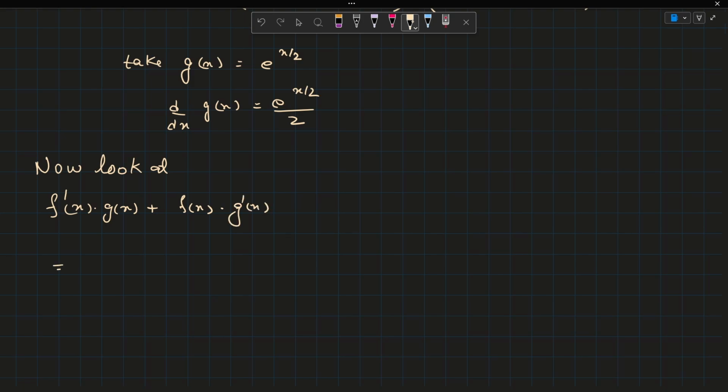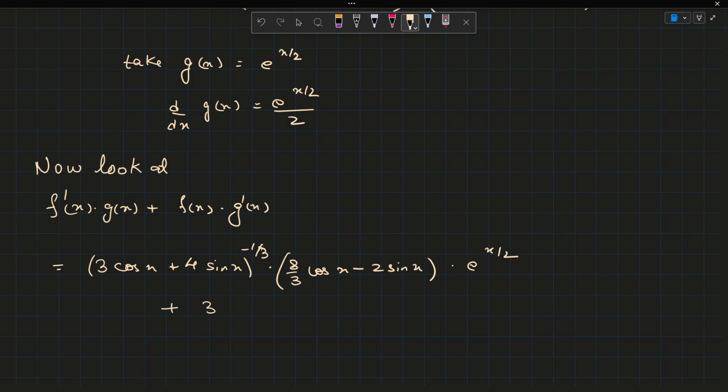This is equal to what? (3 cos x plus 4 sin x) to the power minus 1 over 3 times (8 over 3 cos x minus 2 sin of x) times e to the power x over 2 plus (3 cos x plus 4 sin of x) to the power minus 1 over 3 times (3 cos x plus 4 sin of x) times e to the power x over 2 by 2.